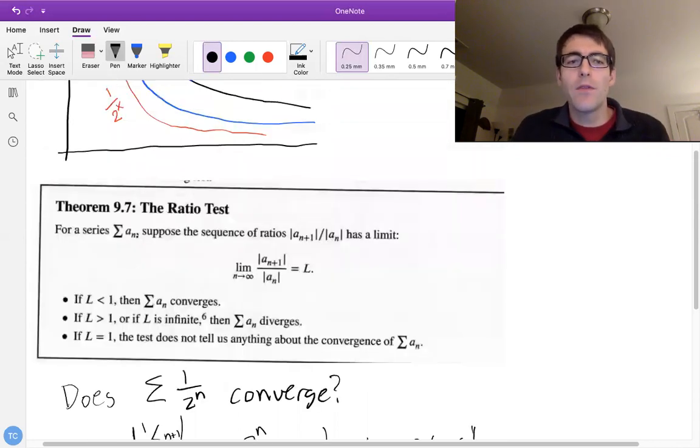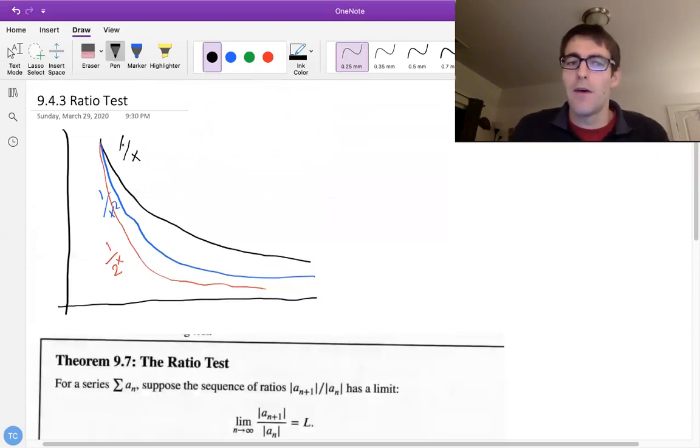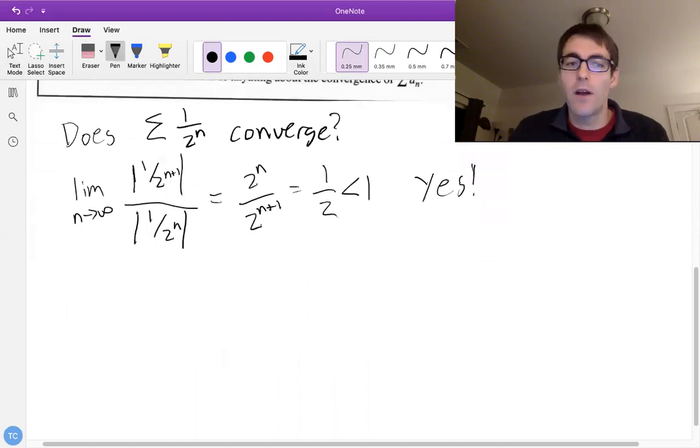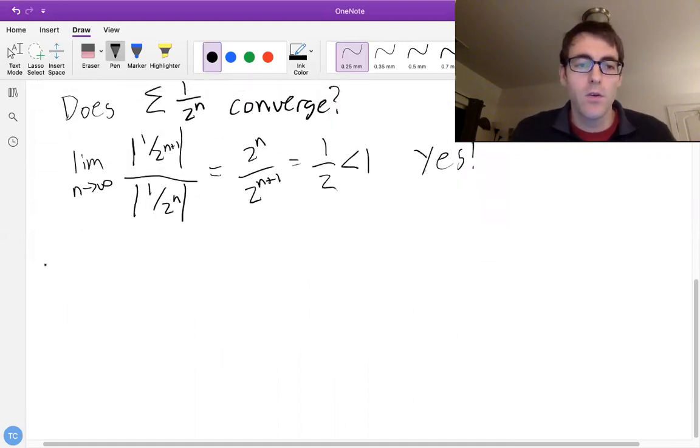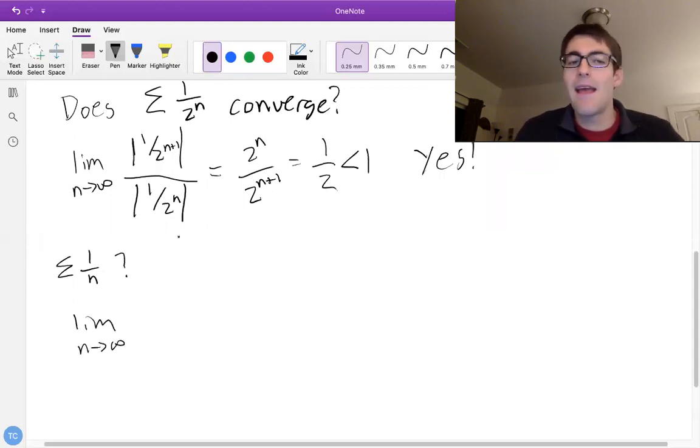So I want to point out the first two examples I was talking about, the 1 over n series and the 1 over n squared series. If we also want to know about the sum of 1 over n, we calculate this limit, and again, the absolute values are going to end up dropping out. So we get 1 over n plus 1 over 1 over n.